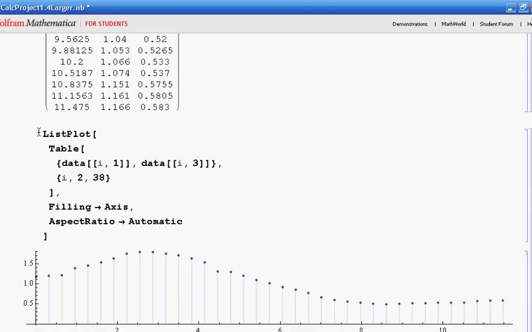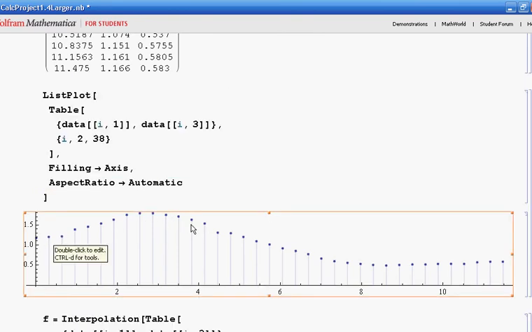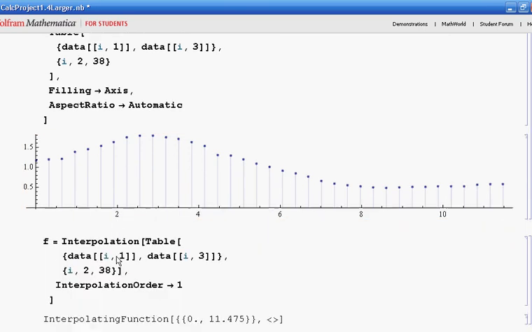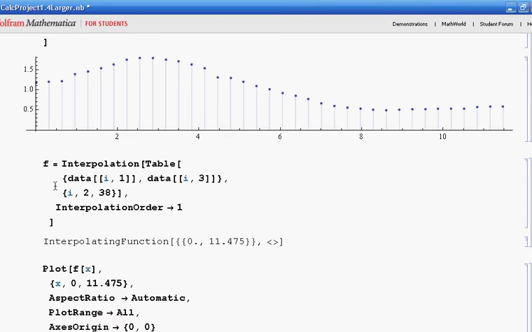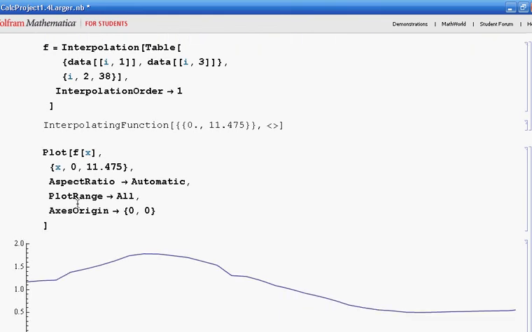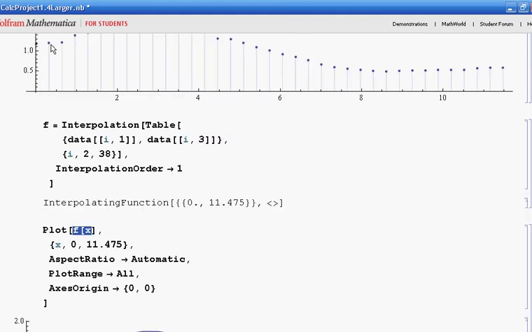ListPlot basically just lists each of my plot points. It's taking my first column and my third column and listing them along this graph here. Now this interpolation function really gives us our f of x. Interpolation tells Mathematica to estimate approximate functions from one point to the next.